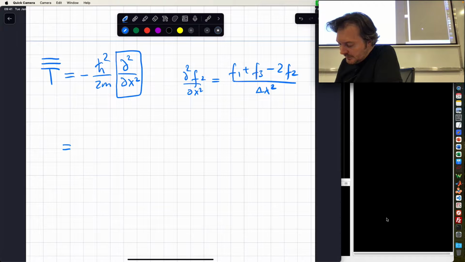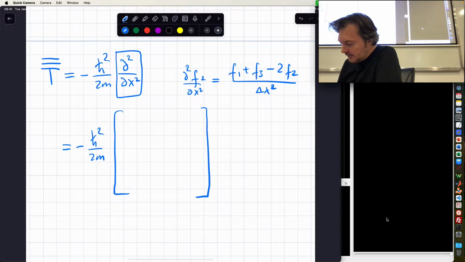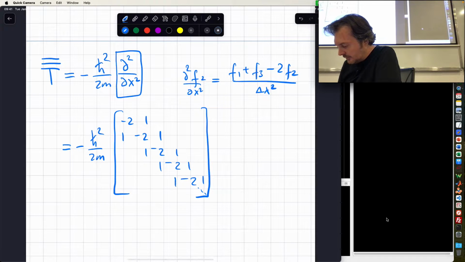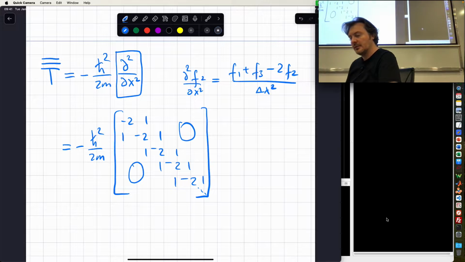So we put this minus h bar squared over 2m outside, but otherwise the matrix looks like this: minus 2, 1, minus 2, and so on, with 1s on the off-diagonals and zeros elsewhere.